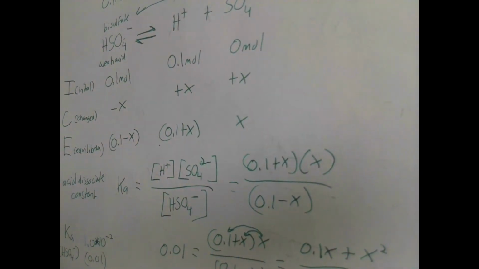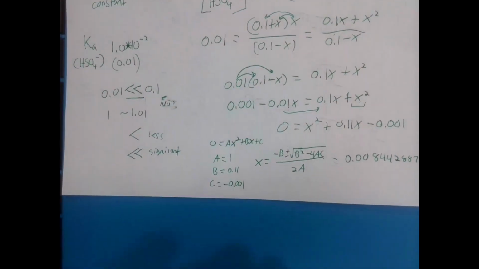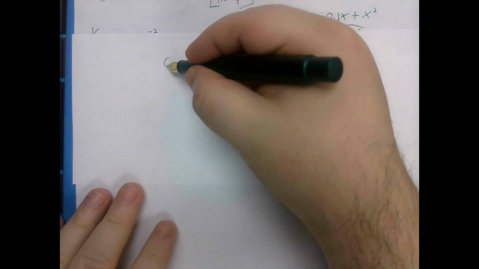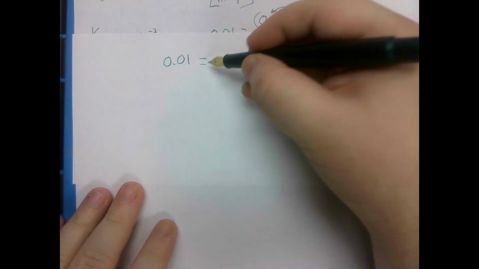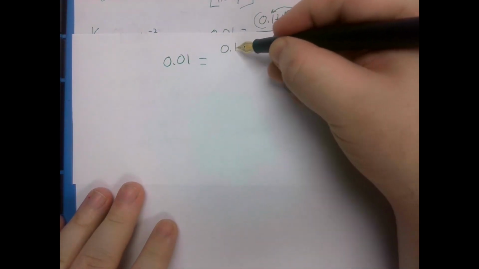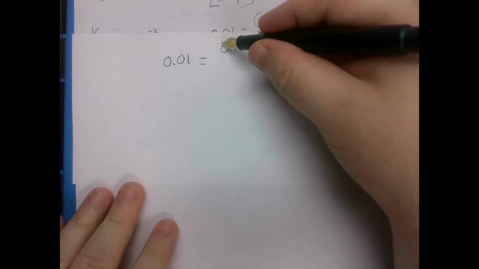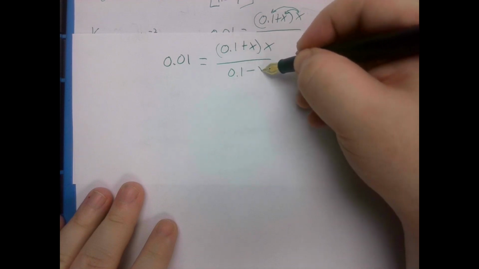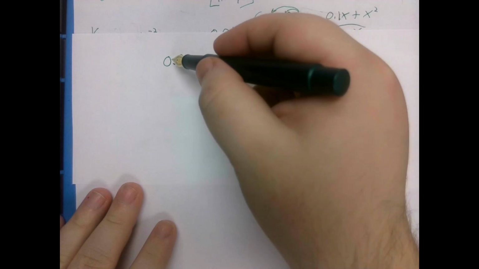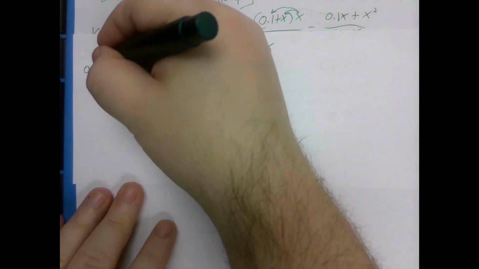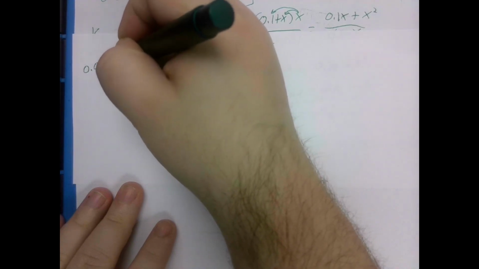Let's do the approximation real quick and see how accurate it would be. So we had 0.01 is equal to 0.1 plus x times x over 0.1 minus x. You said that 0.01, in your opinion, was significantly less than 0.1.